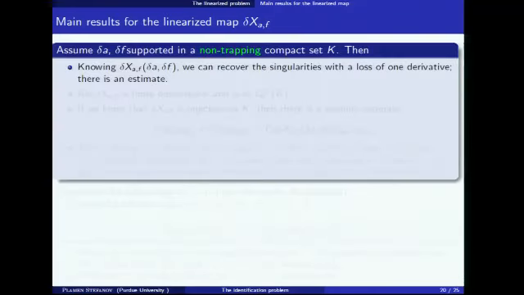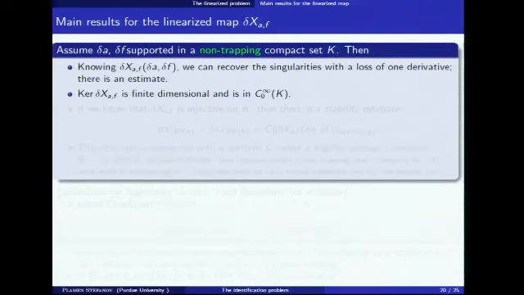Okay, so now what are the main results for the linearized map? First, this is the major assumption here. You assume that they are supported a priori in a non-trapping compact set with respect to the flow. Then you can recover the singularity with loss of one derivative, as I explained.